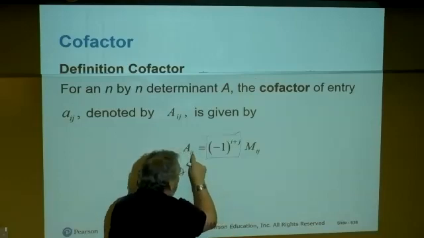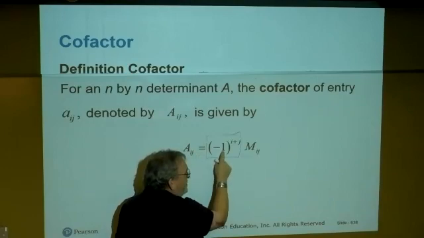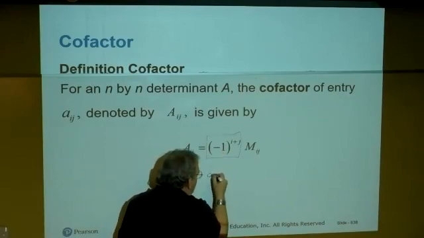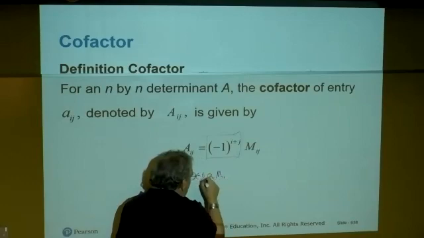So I add the row and the column, those numbers together, and I raise -1 to it. Right. So you have entry 1, 1, and its minor 1, 1. And so it's going to be a -1 raised to 1 plus 1.